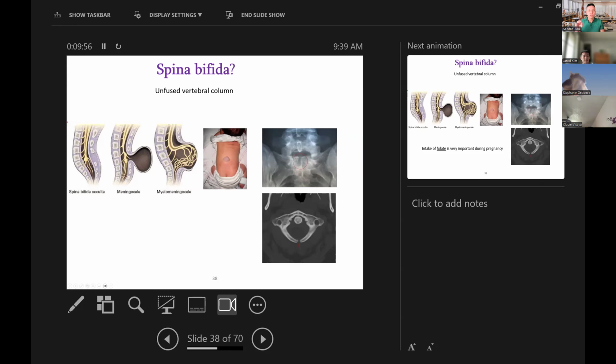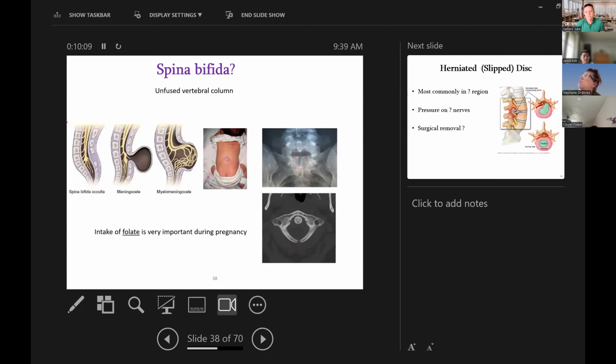Now, one of the strongest risk factors for spina bifida is deficiency in a vitamin called folate. Does anybody know another name for folate? Another name for folate is vitamin B9, okay?